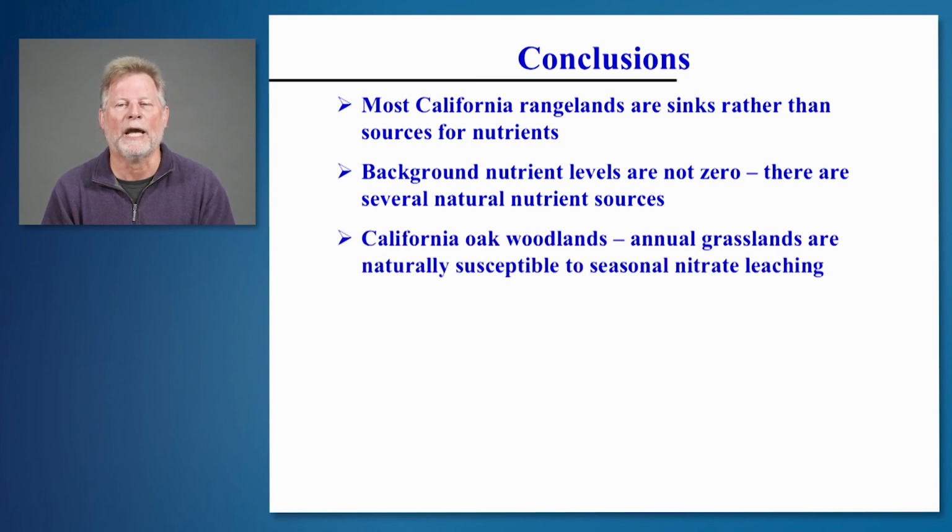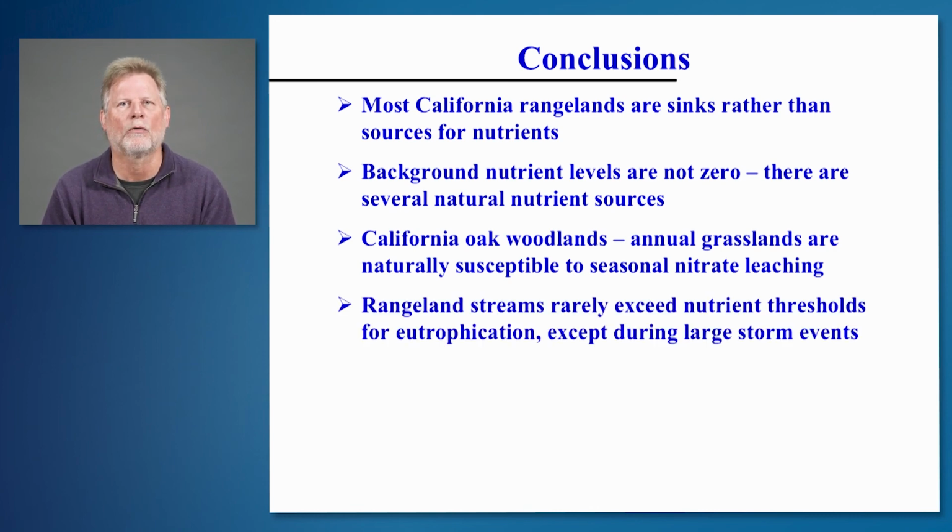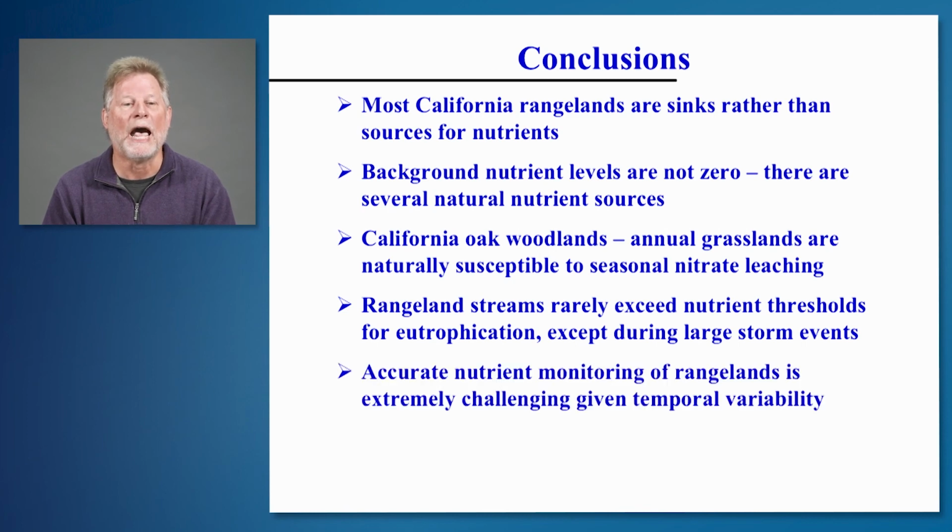California oak woodlands and annual grasslands are naturally susceptible to seasonal leaching of nitrate due to the temporal decoupling of nitrogen availability and demand. Rangeland streams rarely exceed nutrient thresholds for eutrophication, except during large storm events, and accurate nutrient monitoring of rangelands is extremely challenging given the temporal variability that exists in leaching of nutrients from the landscape.